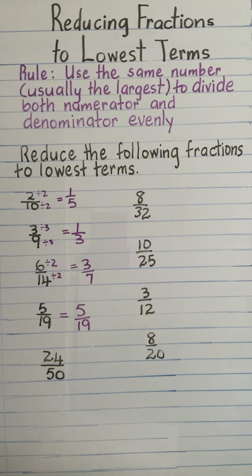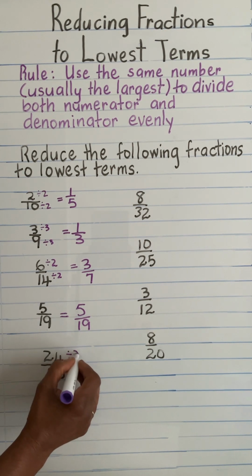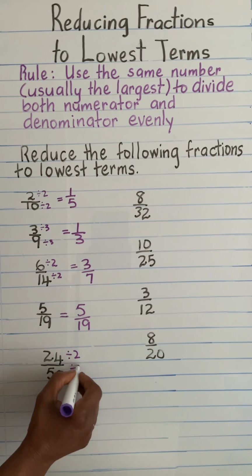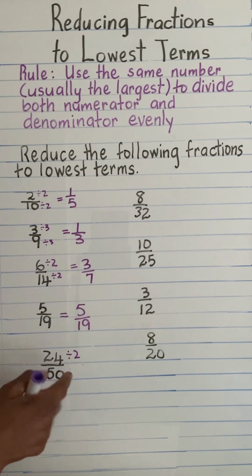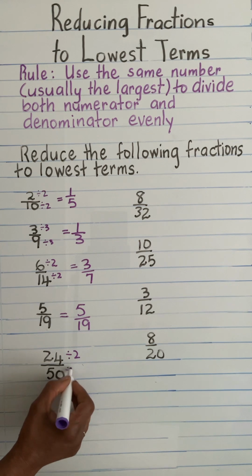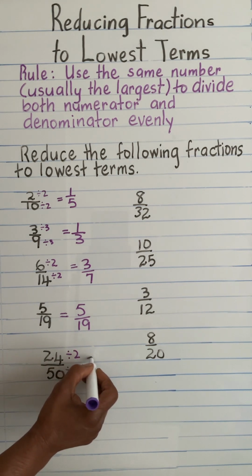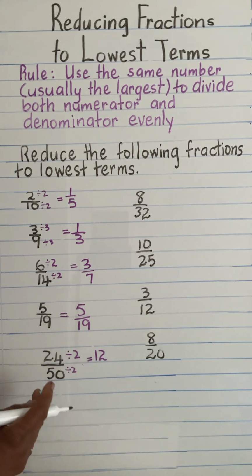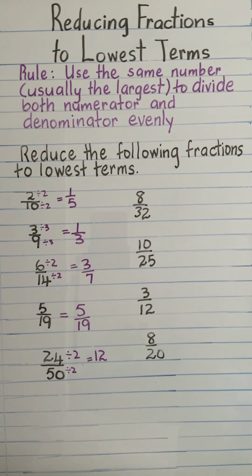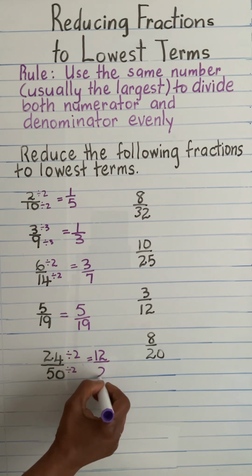So let's start with 2, and then we can see if after dividing by 2, we can further simplify. 24 divided by 2 is equal to 12. And 50 divided by 2 is equal to 25.